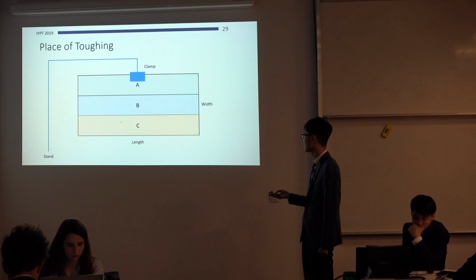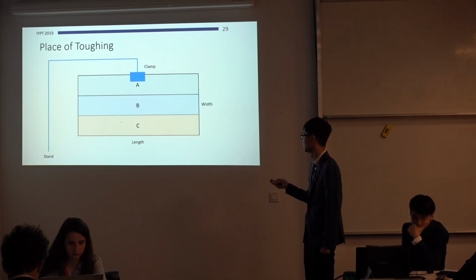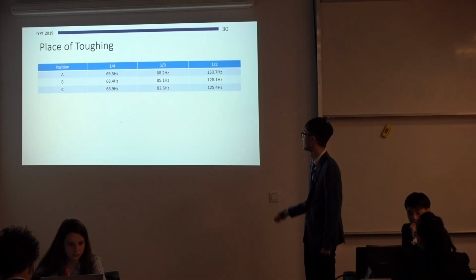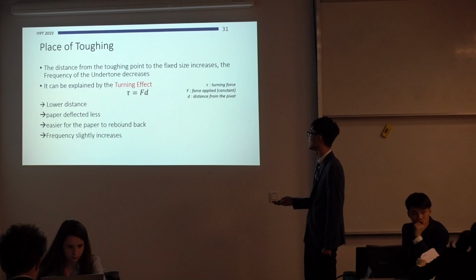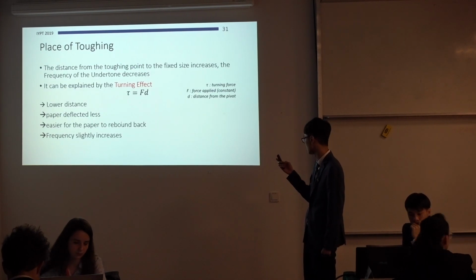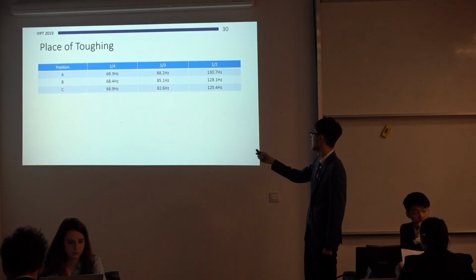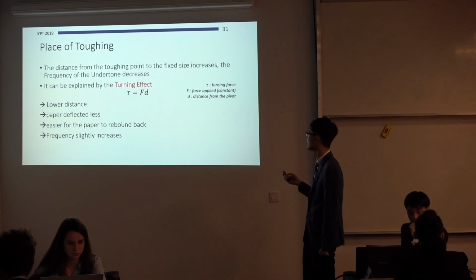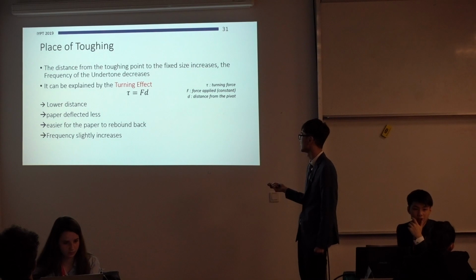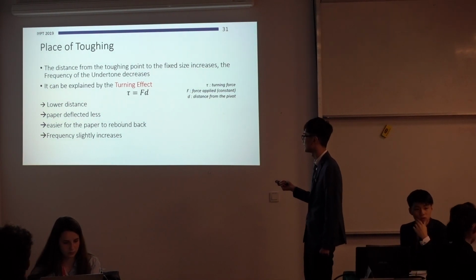And we also test different positions of the tuning fork touching the paper, and we can see the results. As the distance from the touching point to the fixed point increases, the frequency of the undertone sound decreases, as you can see. It can be explained that when the distance from the fixed point is lower, the paper deflects less and it is easier for the paper to rebound back, so the frequency slightly increases.